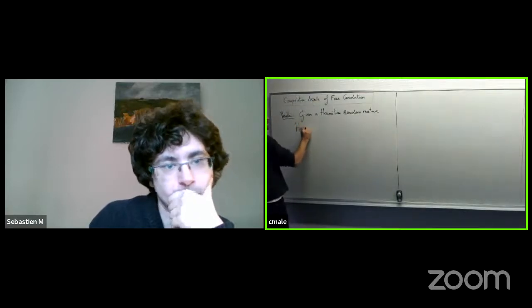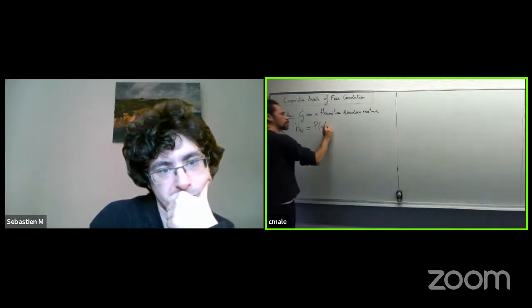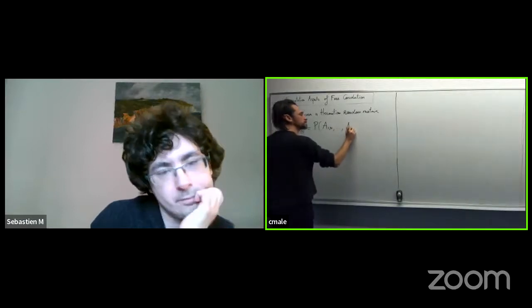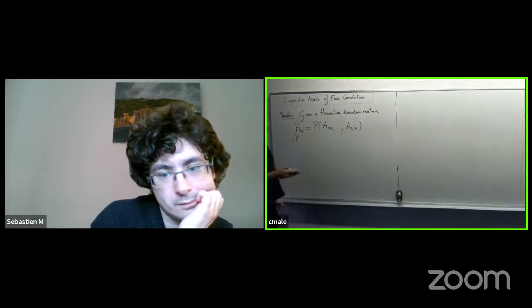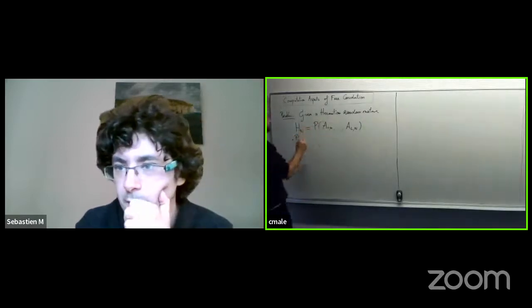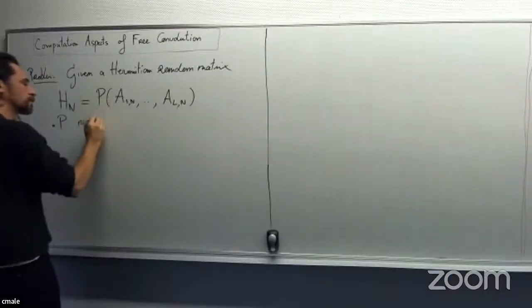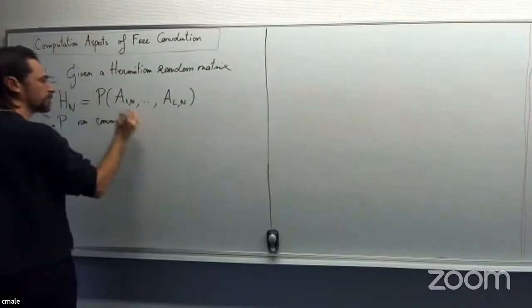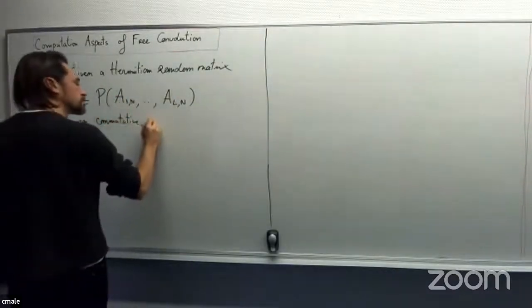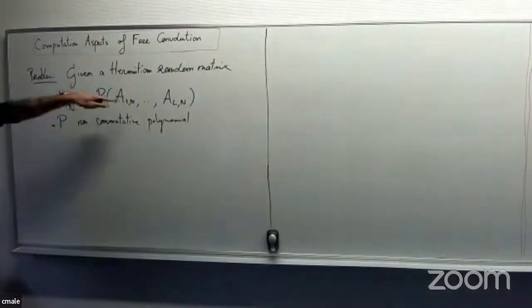We have a matrix Hn, Hermitian, that we write as a polynomial in several matrices. So we assume that P is a polynomial or a rational function in these matrices, but it will be a non-commutative polynomial. Non-commutative because as it involves the product of matrices, the order of the matrices matters. We assume that this P is fixed when n varies.